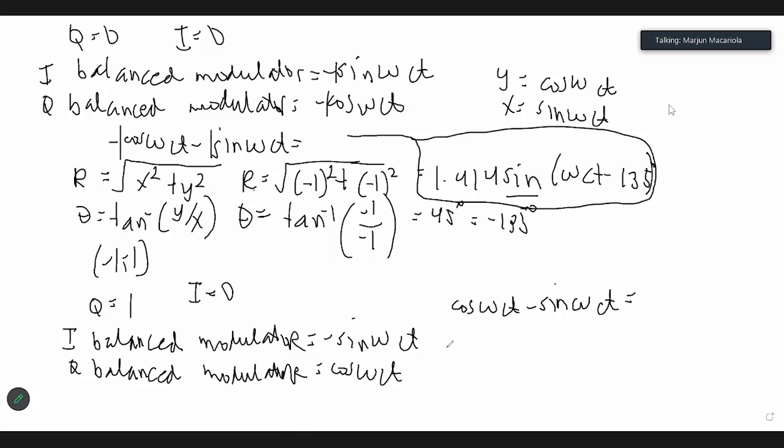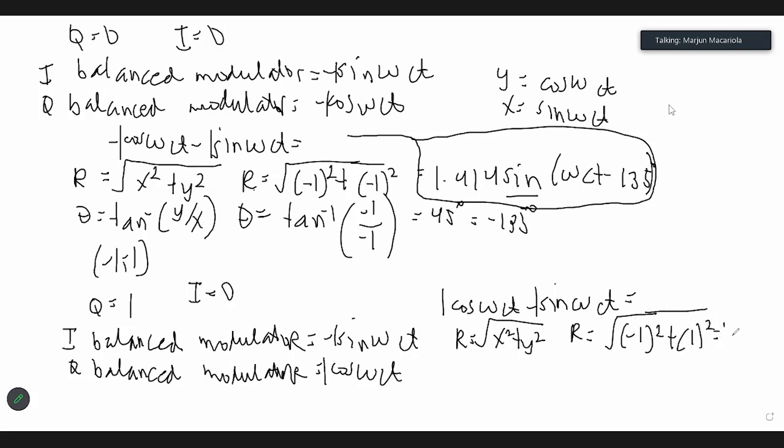Again, so we need to find the resultant 1, 1. Okay? So r is equal to the square root of x squared plus y squared. The value of x is negative 1 squared plus positive 1 squared. Again, this is just equal to 1.414. So this will be equal to 1.414 sine omega ct.